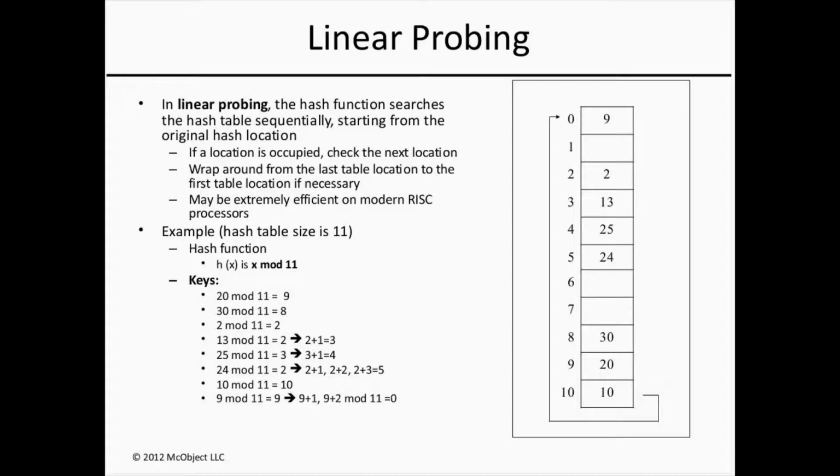And then 13 modulus 11 is 2, but 2 is already occupied by the previous value, so we just add 1 to it using linear probing, and we store the value 13 in bucket number 3. Likewise, 24 modulus 11 is also 2, but again 2 is occupied, so the linear probing looks at 3, which is already occupied, and goes down the line until it finds an empty bucket, in this case bucket number 5.